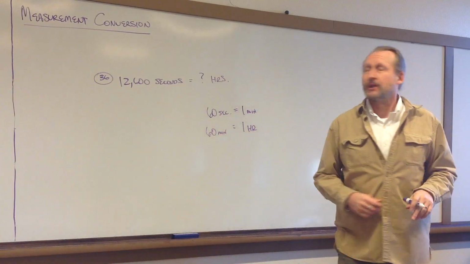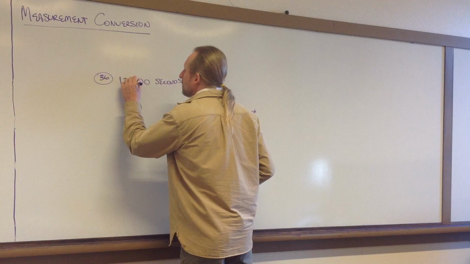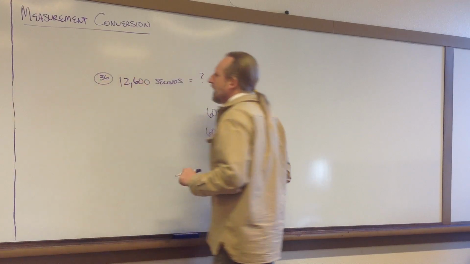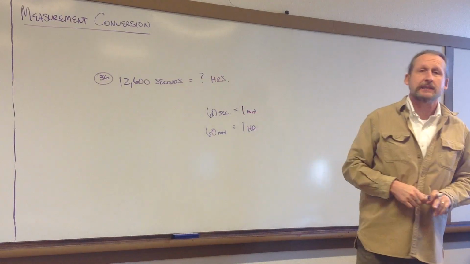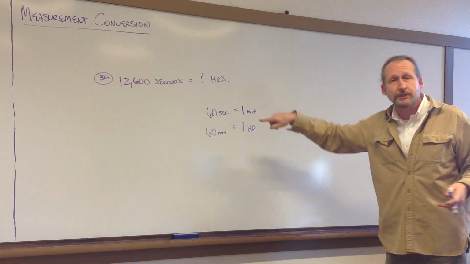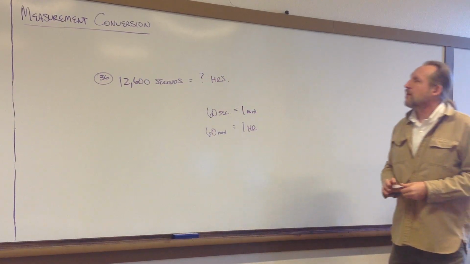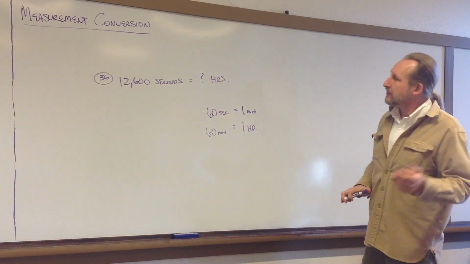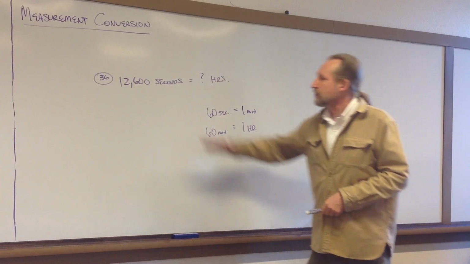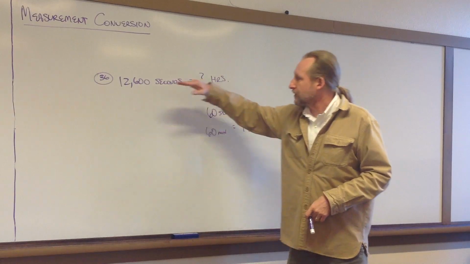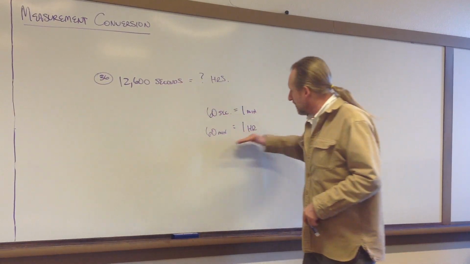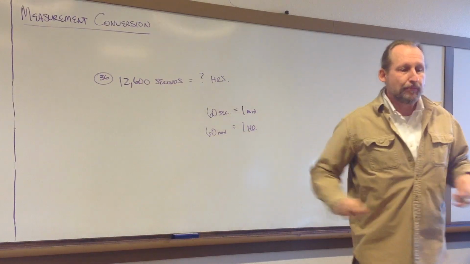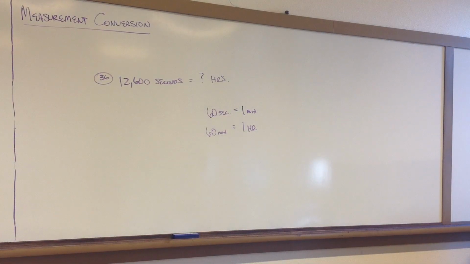And this is pretty common when it comes to converting units, that sometimes you don't have a direct conversion from seconds to hours. Now you can create one for yourself if you want to, but that's also an intermediate step. Okay? Or we can do two conversions. We can first change the seconds into minutes, and then we can take those minutes and change them into hours. And both of those are going to be dividing by 60.